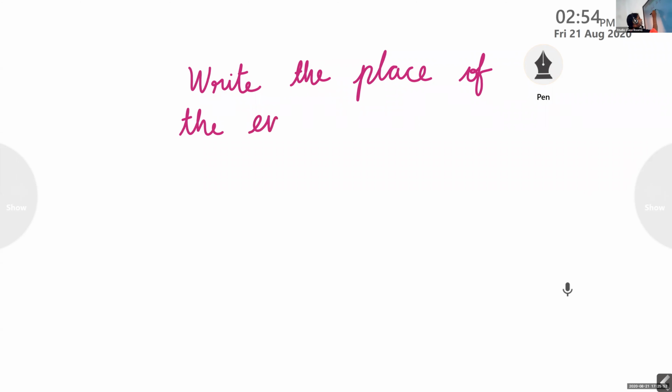Encircled. What's the meaning of encircled? Something is inside the circle. Here, in the number, one digit is inside the circle.